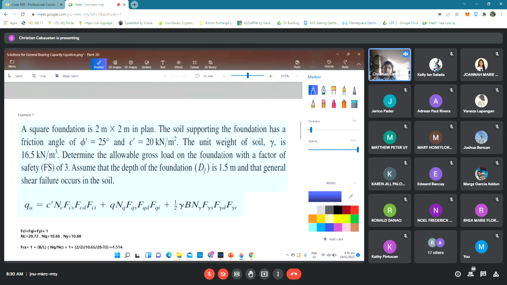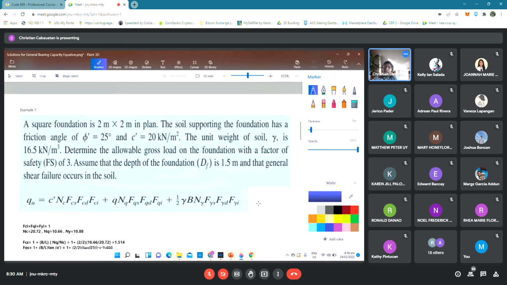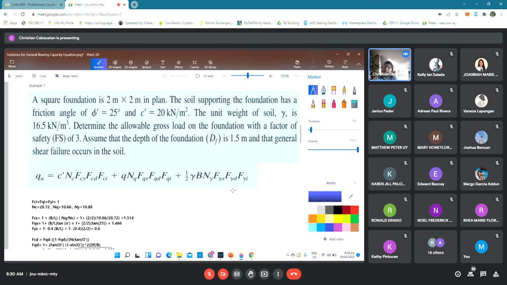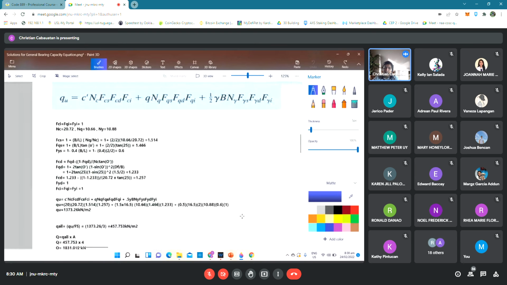Hindi niya sinabi kung saturated ba siya, so hindi mo na kailangang i-minus ng 9.81 as the gamma of water. So yan na yung magiging gamma prime. Naintindihan po ba yun?